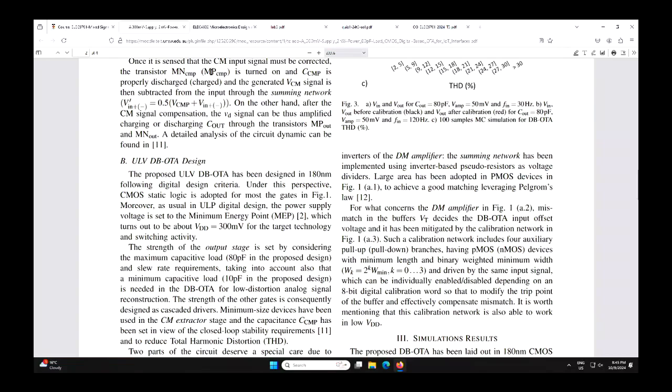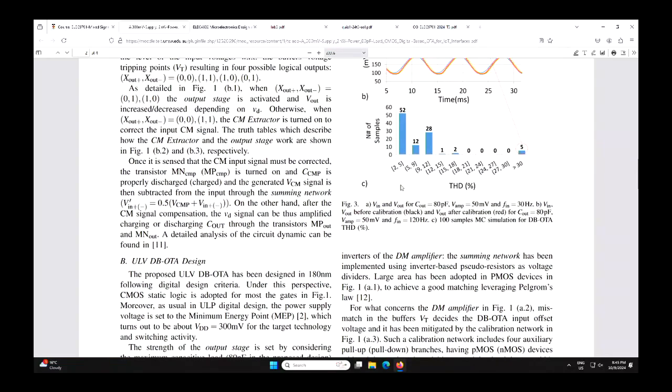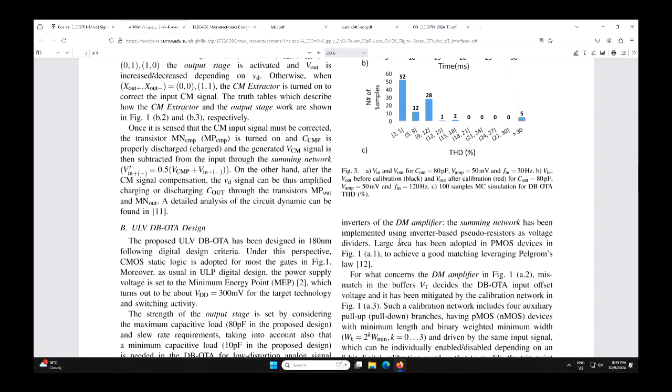Okay, the answer is, I think, because the mu-Cox in PMOS and NMOS is different.